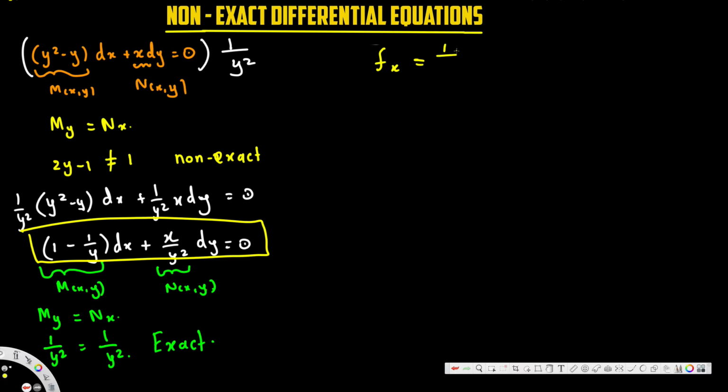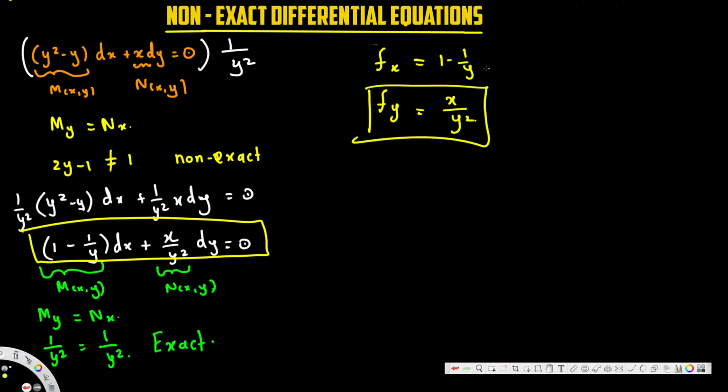And also we have to equate the partial derivative of the function with respect to y to N of x comma y, that's x over y squared.